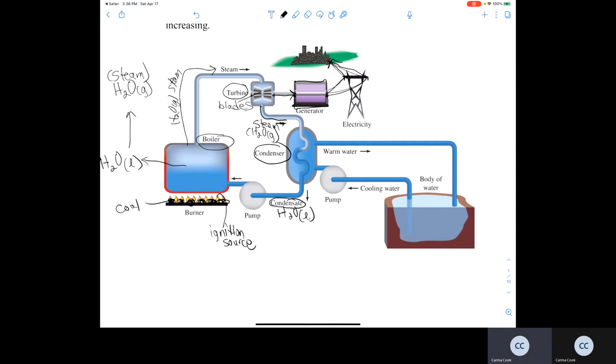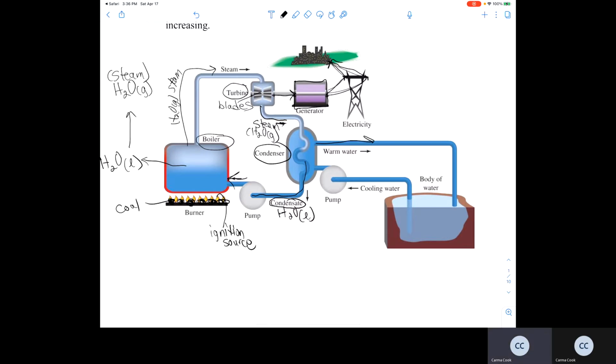And then it gets pumped back into the boiler. It gets recycled, some of it. Well, all of it gets recycled. Some of it is sent back to the boiler. So this amount gets sent back to the boiler.